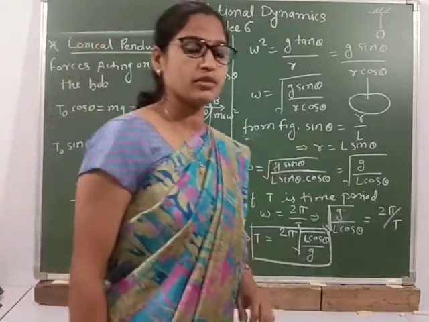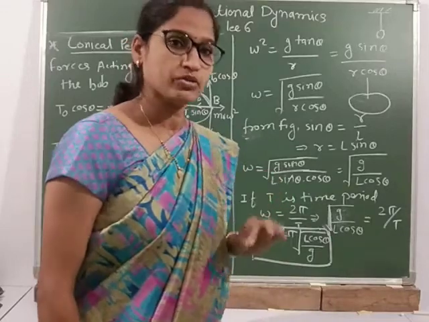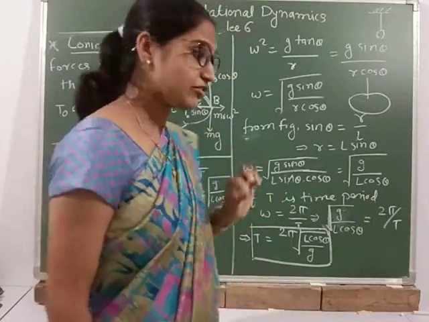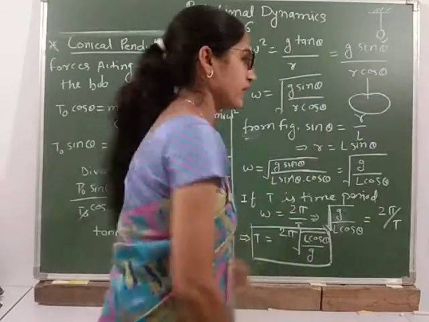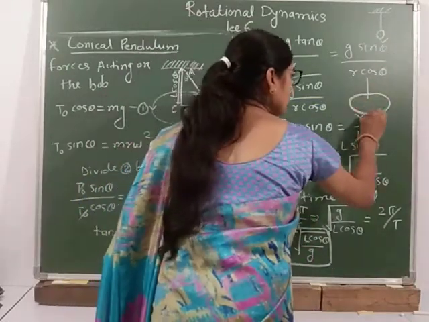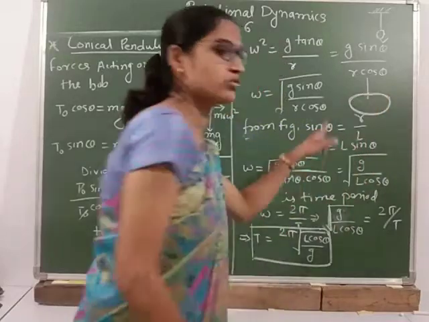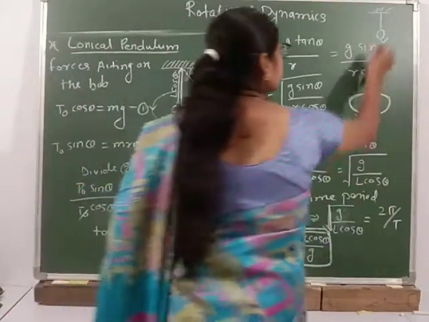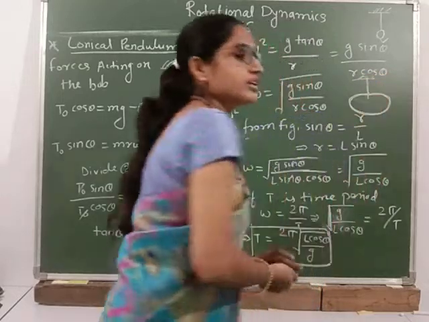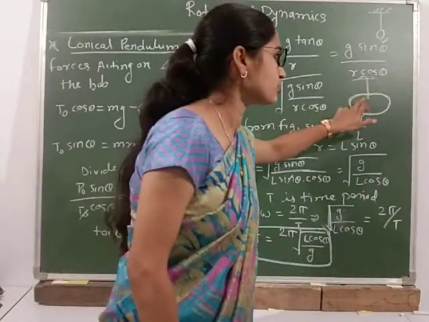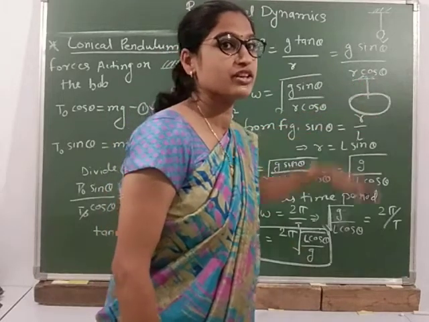So a conical pendulum is a simple pendulum in which the bob will describe a horizontal circular motion, and this string will trace out a cone.